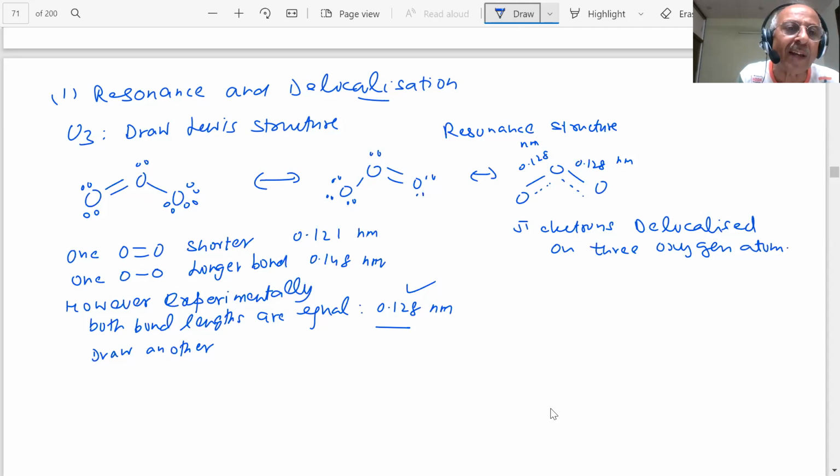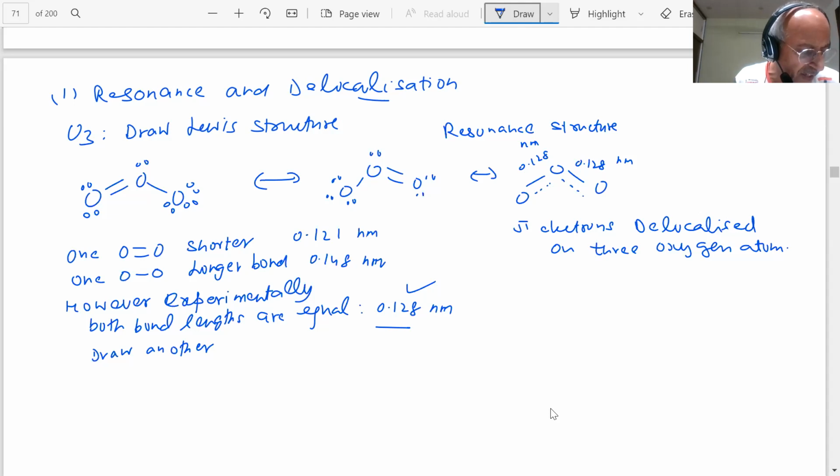If they get localized, then one is a double and the other is a single. But since experimentally the bond lengths are equal, there is a delocalization of these electrons. Which electrons? The pi electrons are delocalized. And we show it by this method.